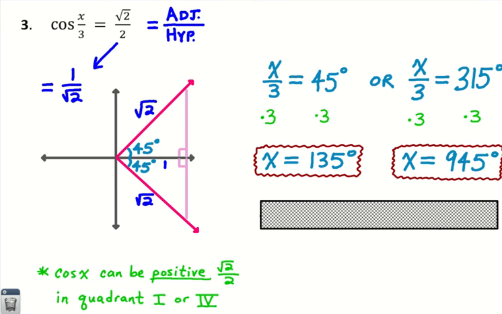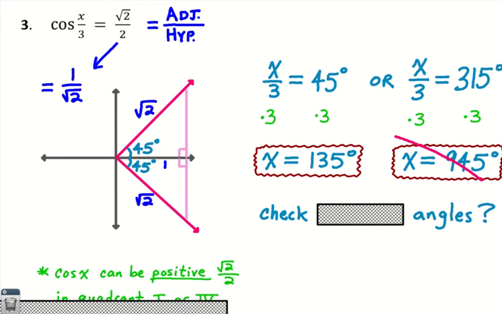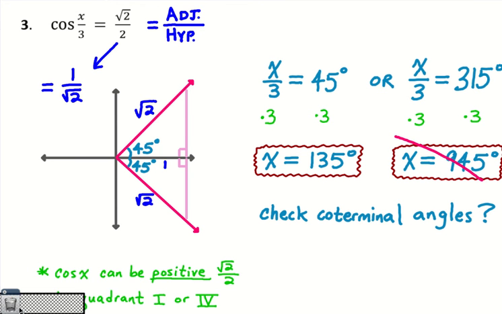Well, I hope your immediate reaction to 945 is that it's just too large for our acceptable interval. So 135 is good, it's in our acceptable interval, but 945 is not. Now, should we check coterminal angles? Like, should we double dip on the 45?